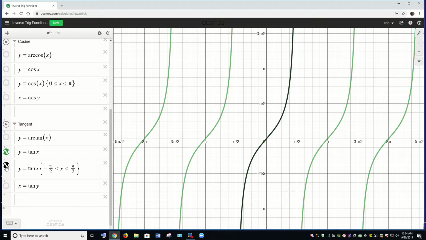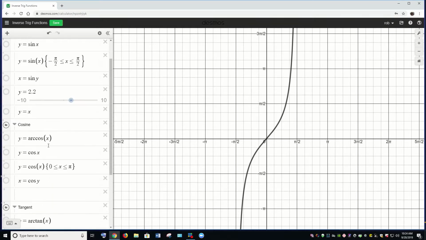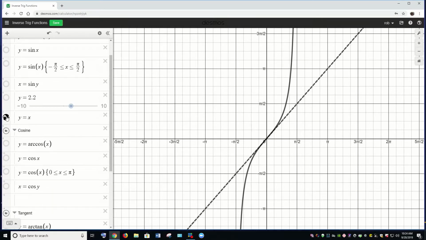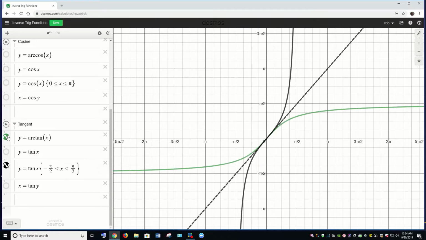So we'll take that one piece right there, turn off the rest. Now, what would the inverse look like? It's going to be the reflection of that curve over the line y equal x.